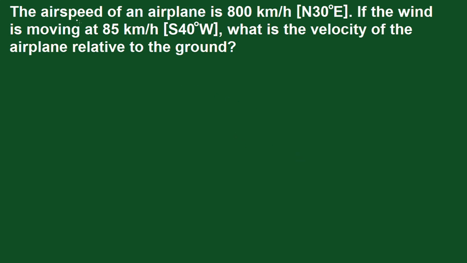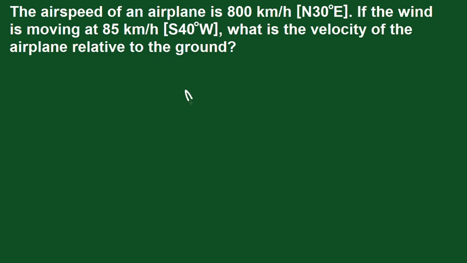So when we talk about airspeed of an airplane, that is the speed the airplane is traveling relative to the air that it's in. That's different than the velocity of the airplane relative to the ground, which is what we're looking for, right?